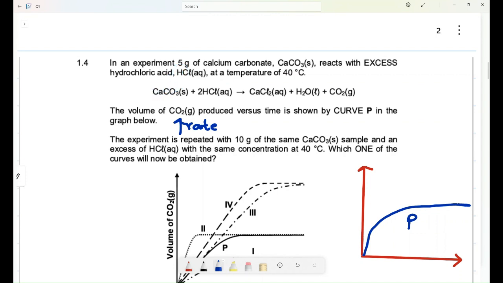So it means more collisions per unit time. The rate increases, and also more carbon dioxide, or more product, is formed, because now we have more of the reactant.